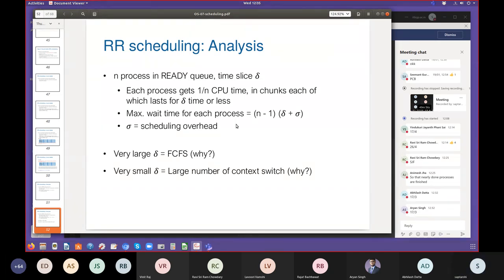Why? Any answers? Abhilash, since you answered the previous one correctly, if delta is very large, it is claimed that this becomes almost equal to FCFS. Why?